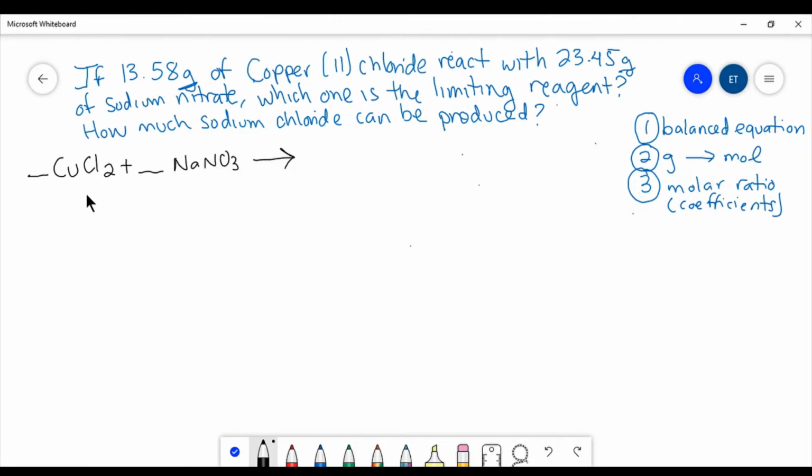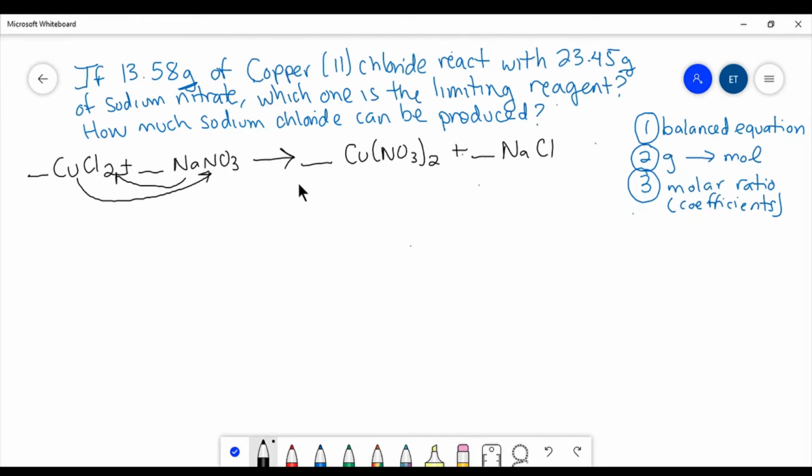This is your typical double displacement, so remember these are going to switch on the product side. So now you're going to have copper II nitrate plus sodium chloride.